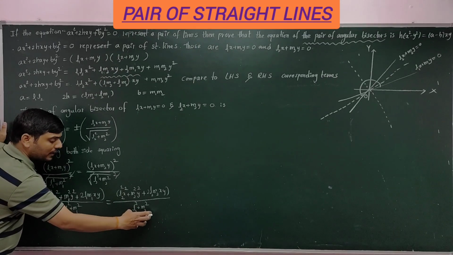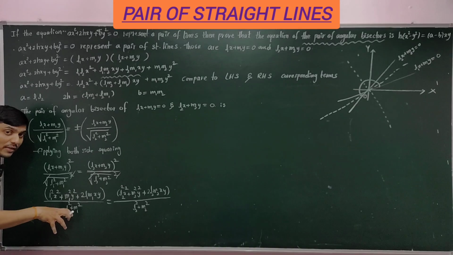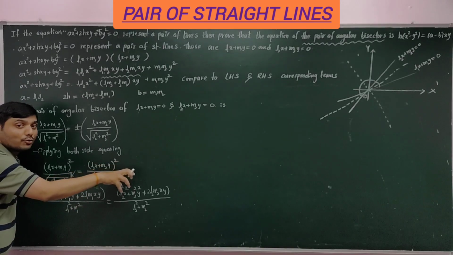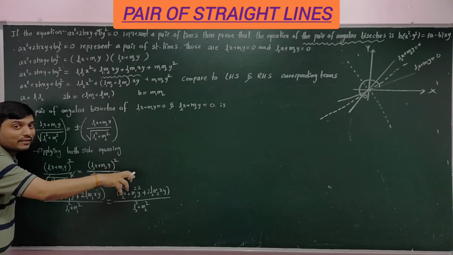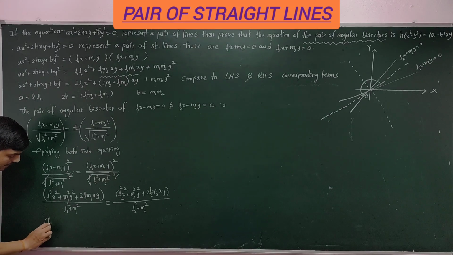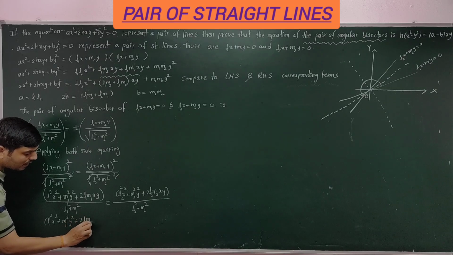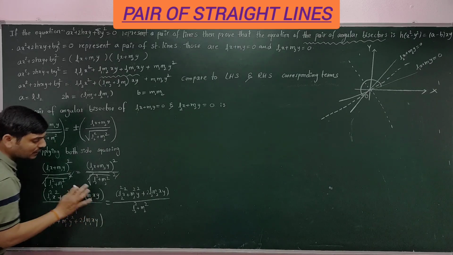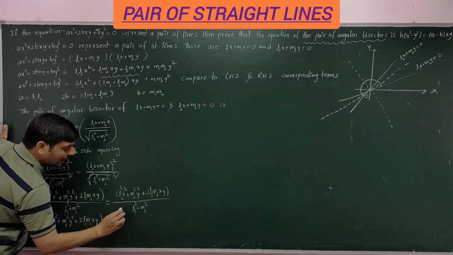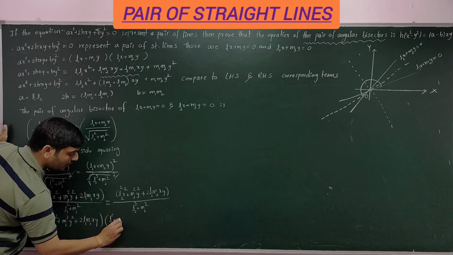Now this denominator term is multiplied to the left side of the numerator. Similarly, the denominator of the first fraction is multiplied to the numerator of the second fraction, on the right side. Okay, now you write these terms again: L1 square x square plus m1 square y square plus 2 L1 m1 xy, multiplied with the denominator of the right side fraction, L2 square plus m2 square.